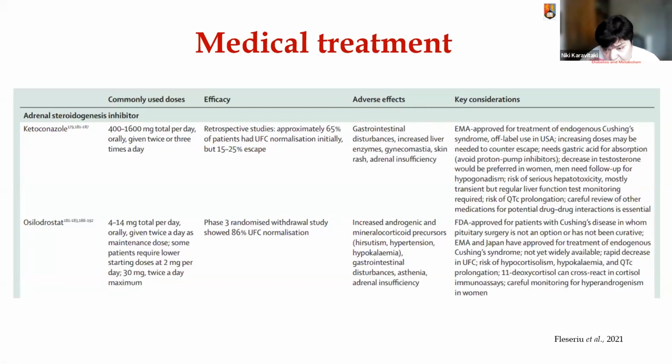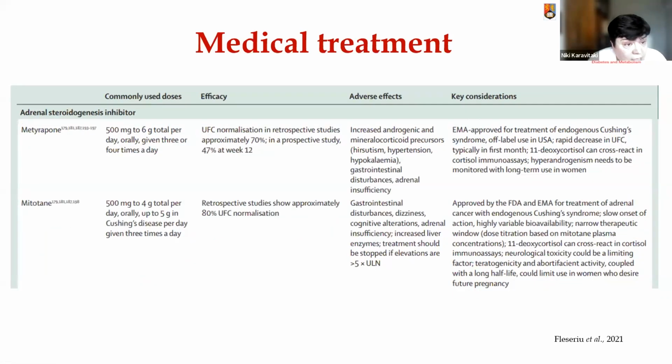And we have to bear in mind that if we are using immunoassays which measure the cortisol, the 11-deoxycortisol, which increases as a result of this treatment, can cross-react and give us high results of cortisol when we monitor the response to treatment. And obviously, it's worth doing careful monitoring for androgen excess in women.